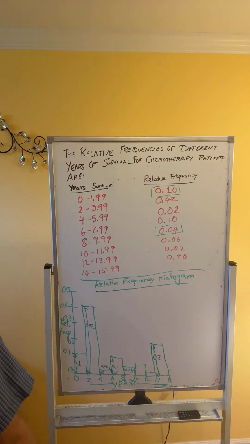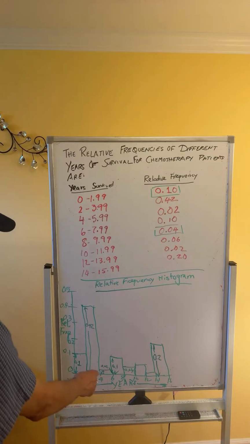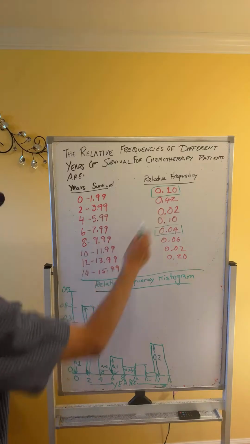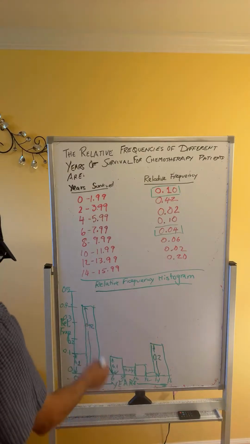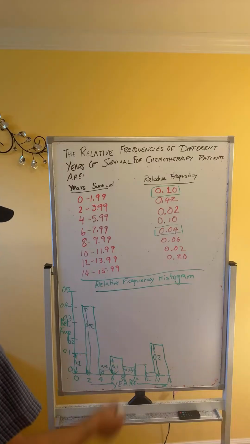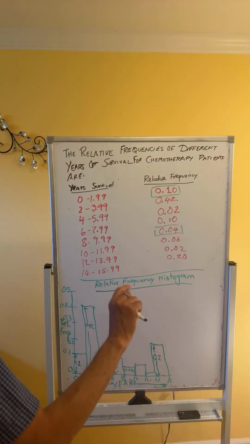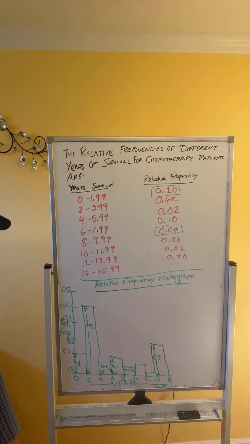Hence the height of the bar on top of it is 0.1. The height between 2 and 4 is 0.42. The height of that rectangle is 0.42. Next one is 0.02 and so forth.